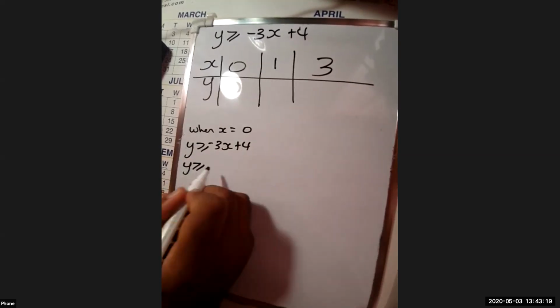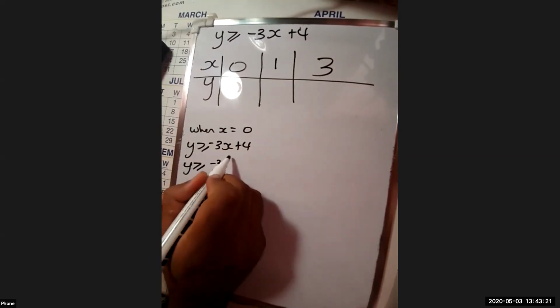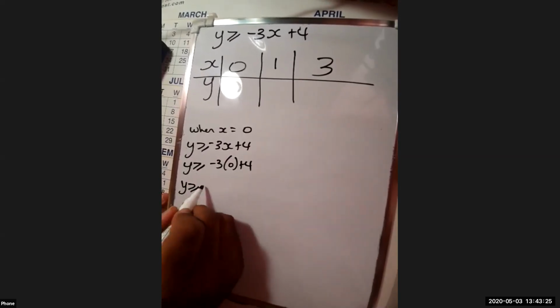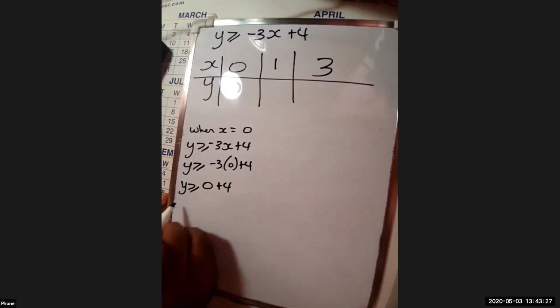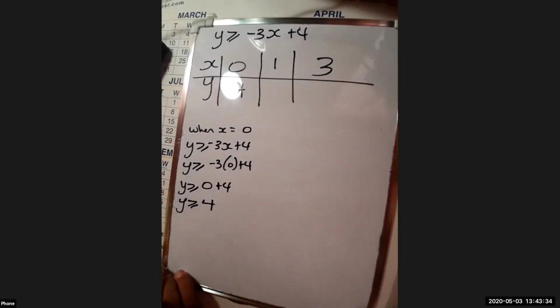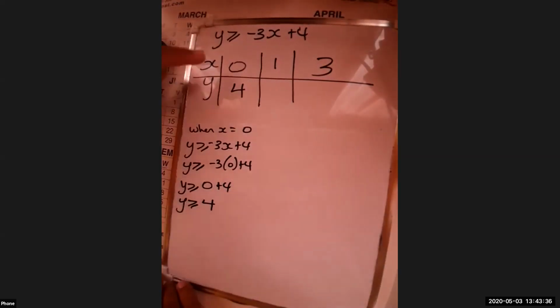Y is greater than or equal to negative 3 into 0 plus 4. Y is greater than or equal to 0 plus 4, so y is greater than or equal to 4. So we put 4 here. That's our first set of coordinates.